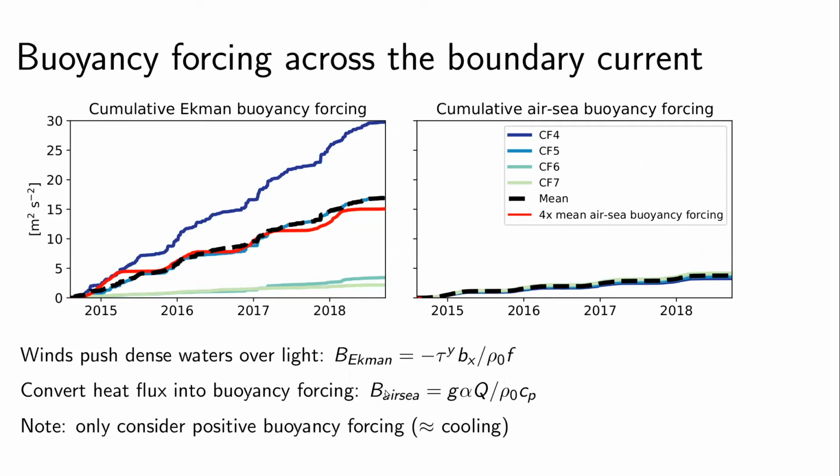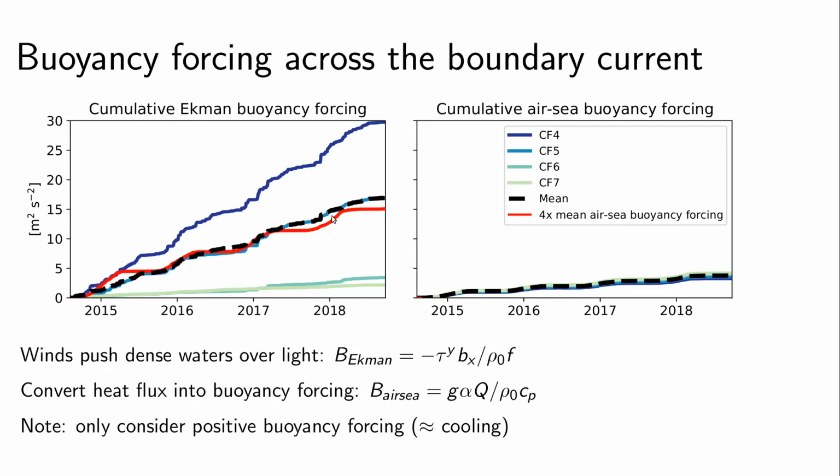And then I can get the air-sea heat flux into the same buoyancy units, like this. And the reason I'm doing this in buoyancy space instead of heat flux space is because this Ekman buoyancy flux is actually more like brine rejection than cooling, because you're bringing this salty Atlantic water on top of fresh polar water, which is kind of an interesting side note.